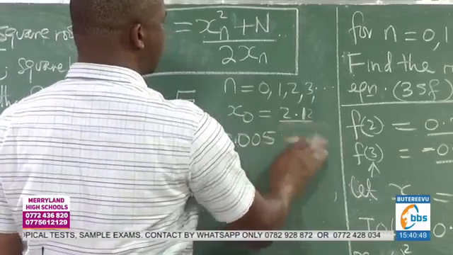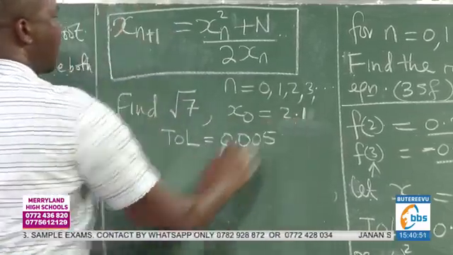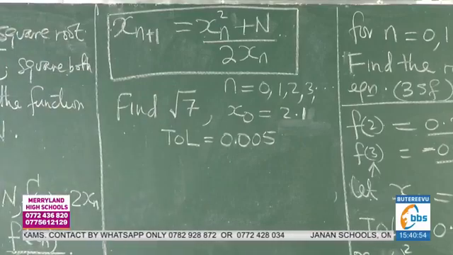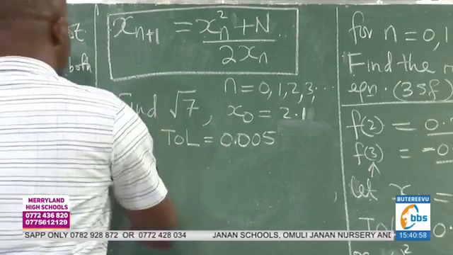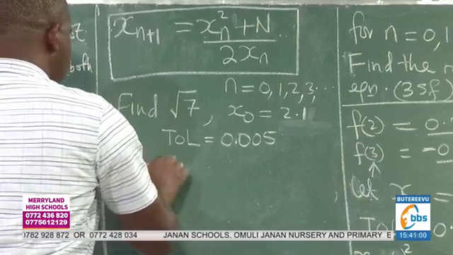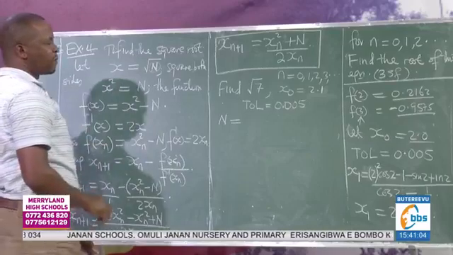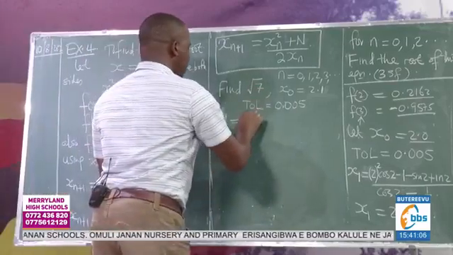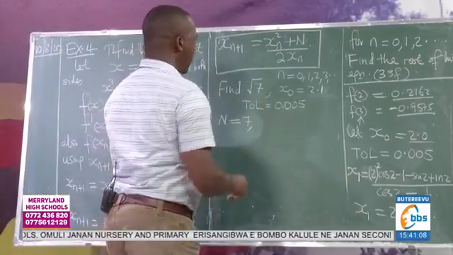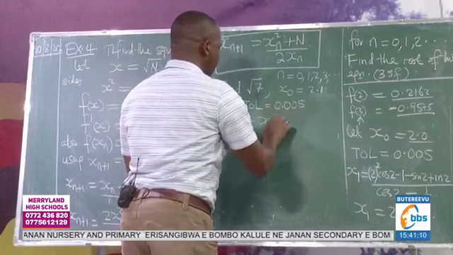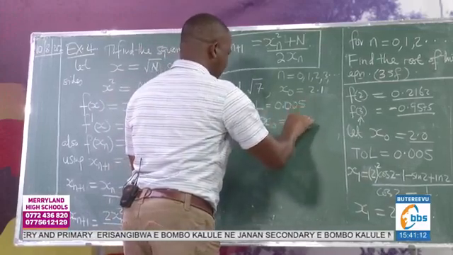So if they tell us that we want the answer to 3 decimal places, then it is important to note. From here, the students should note that since we started with x as the root, our n is going to be 7, and our x naught has been given as 2.1.